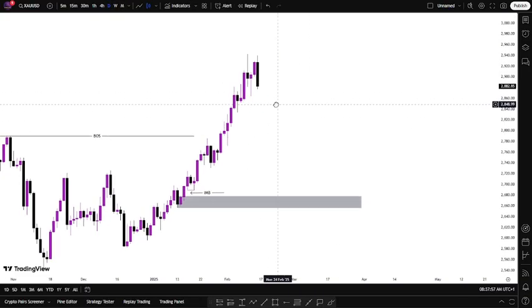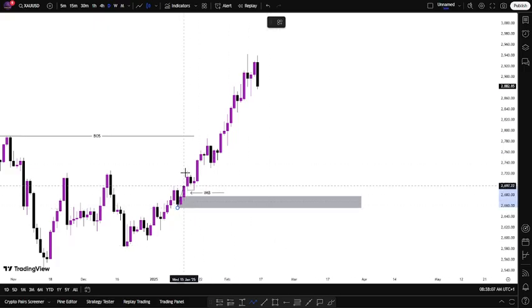What do we have here now? For us to start selling, I know you're selling on the lower time frame, but for me, I like to see price do something like this, because I'm more of a swing trader.